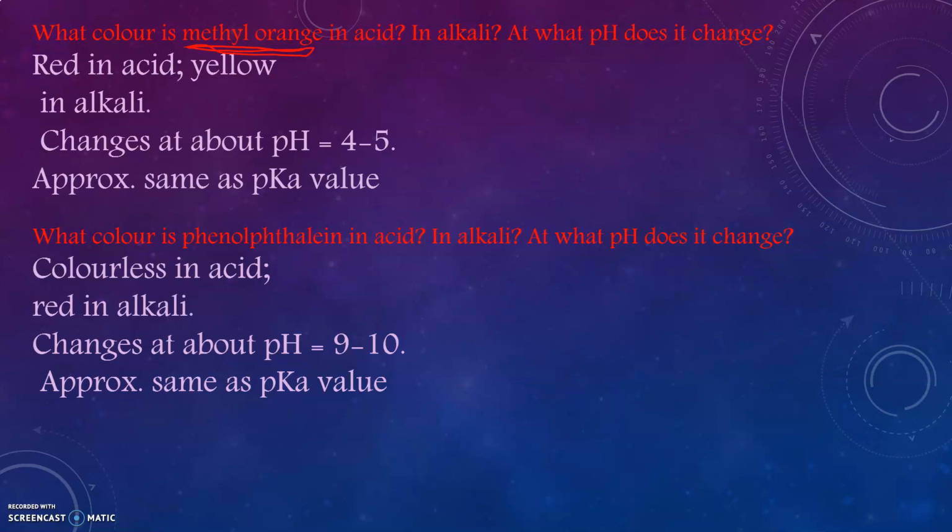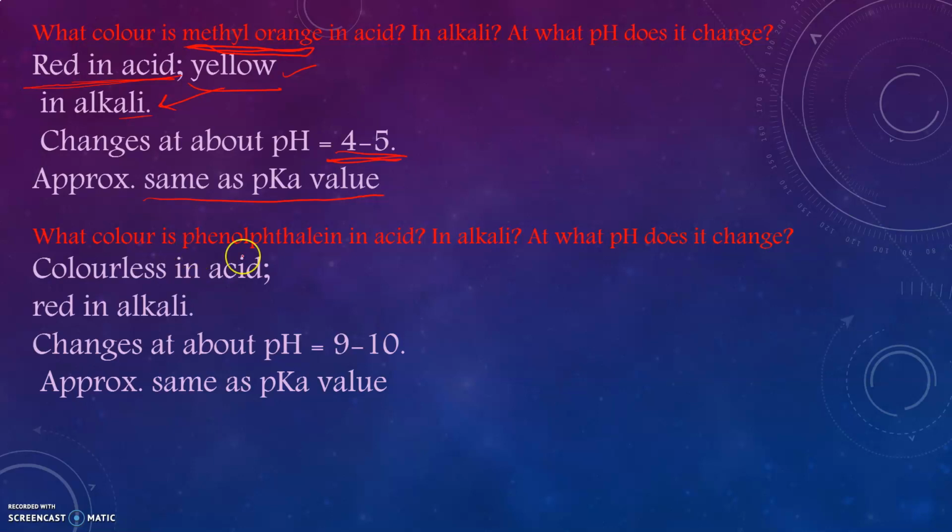So methyl orange turns red in acid. It's red in acid and yellow in alkali. So again, it turns red when added to acid and yellow when added to alkali. The change is at about pH 4 to 5, approximately the same as the pKa value of the indicator.